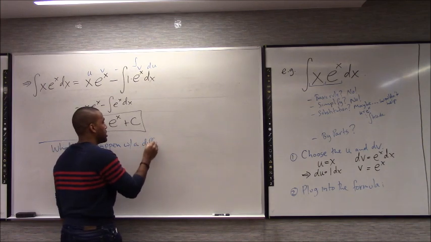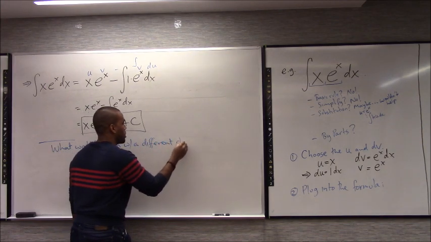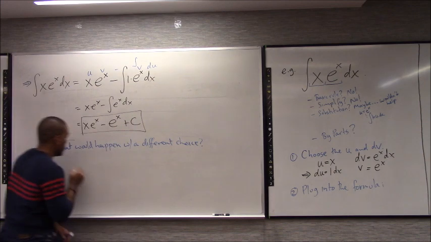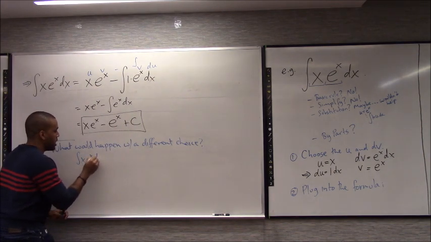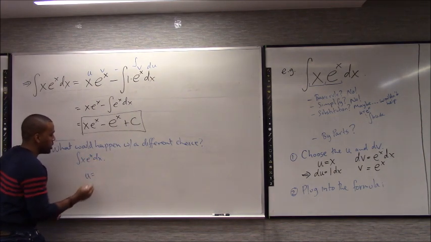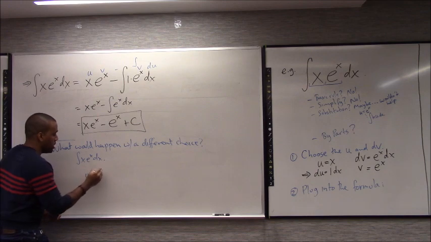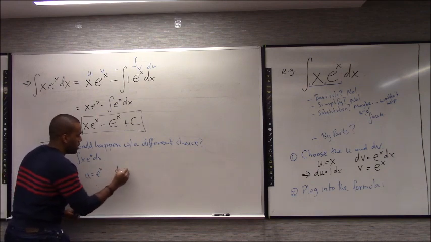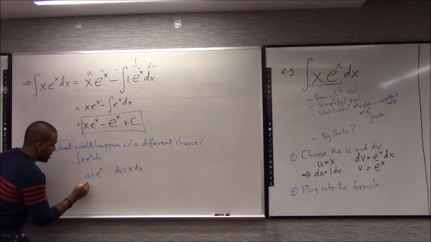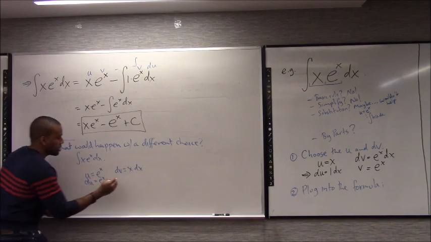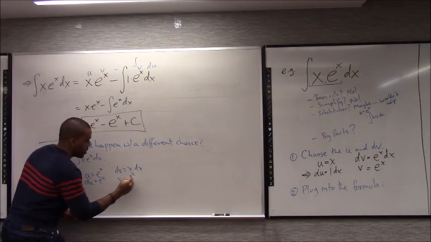Let's say I look at this same integral. Right? So I have my x e to the x dx. But now I said u is e to the x, and my dv is x. My du would be e to the x. My v would be x squared over 2.